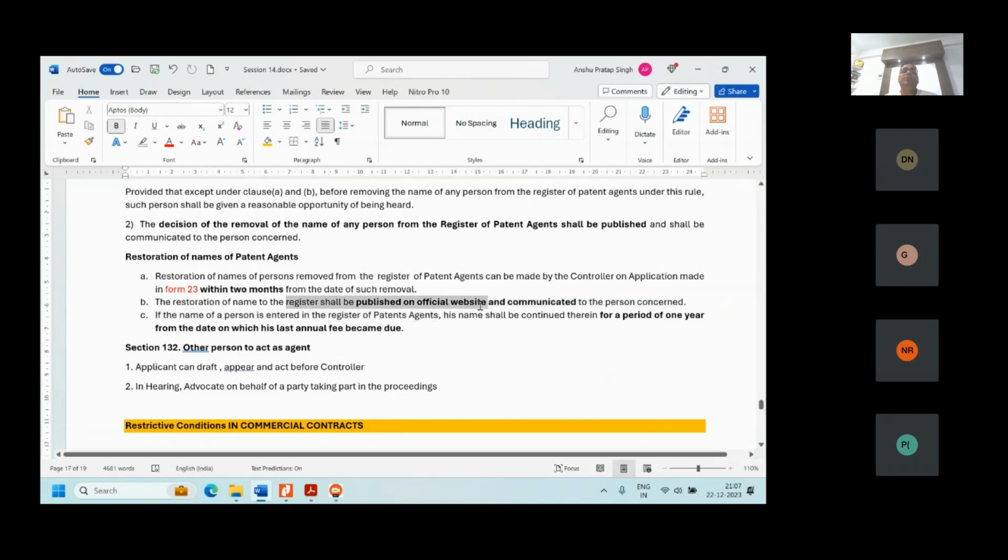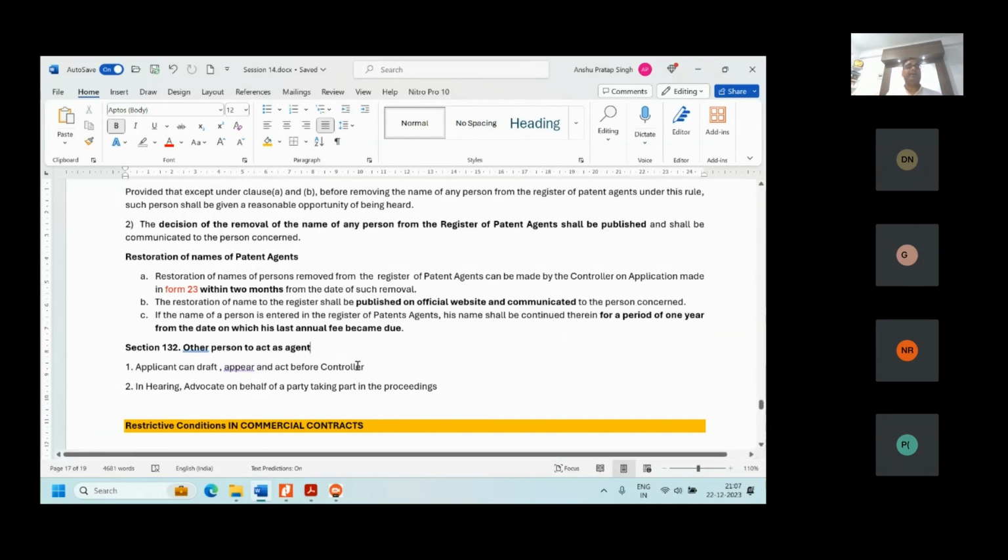Restoration of the name to the register shall be published on the official website and communicated to the person concerned. If the name of a person is intended to register a patent, his name shall be continued therein for a period of 1 year from the date on which his last annual fee became due. Once it has been restored, it is for at least 1 year, because the annual fee is paid in advance. So you will continue for 1 year.